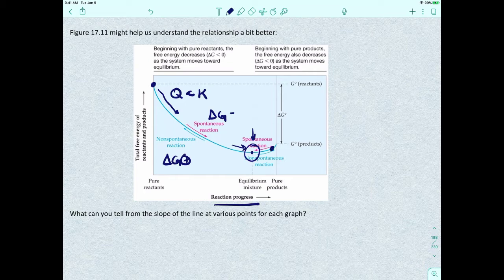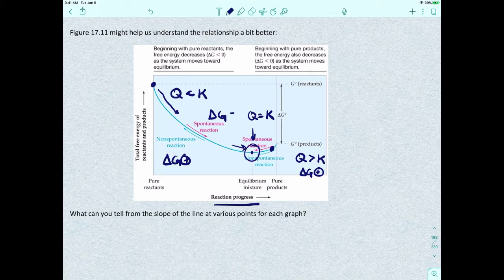Now, if we're at this point over here, past equilibrium, we should see that the reaction quotient is going to be greater than the equilibrium constant, and that delta G most likely is going to be positive. All right, and then at equilibrium, Q is going to be equal to the equilibrium constant.